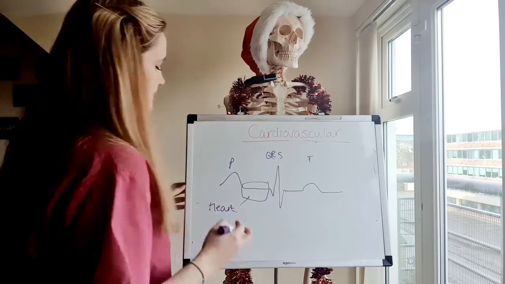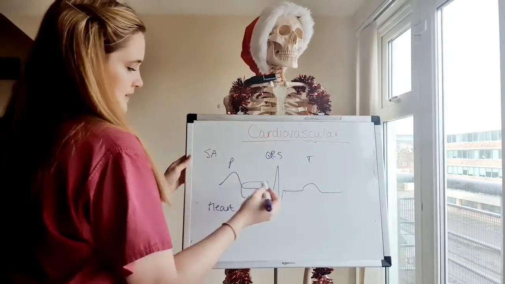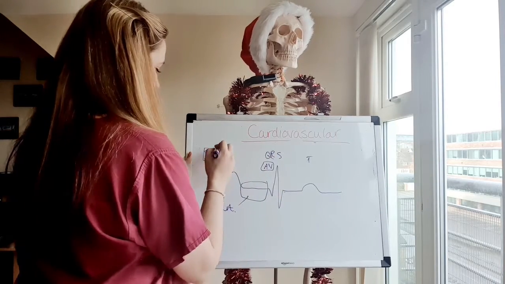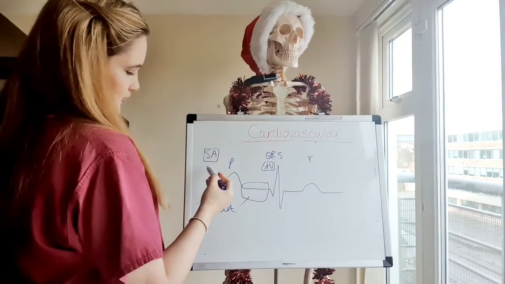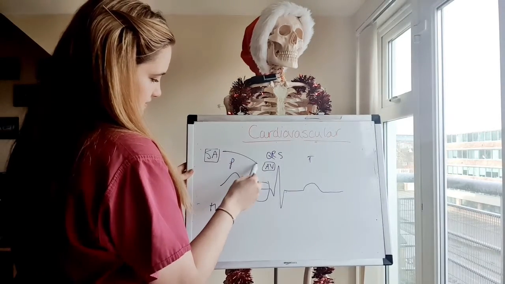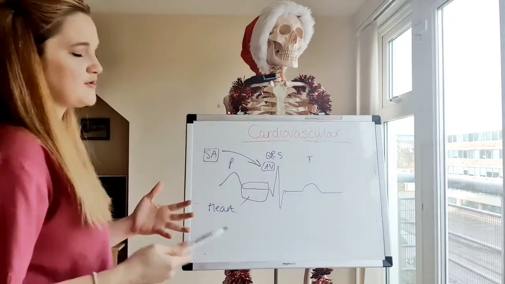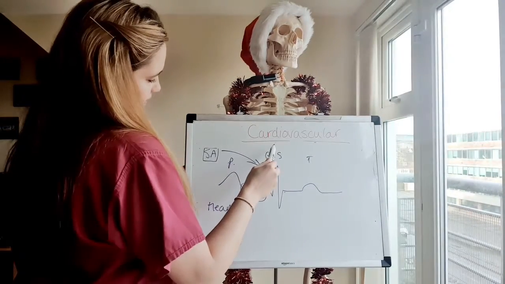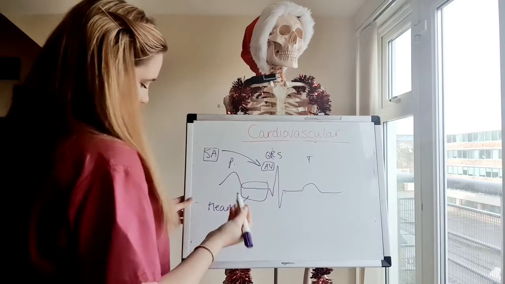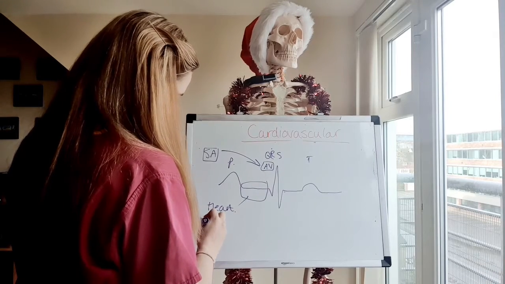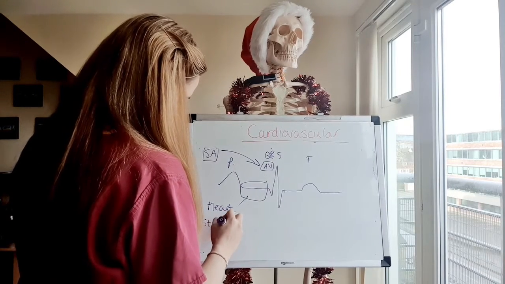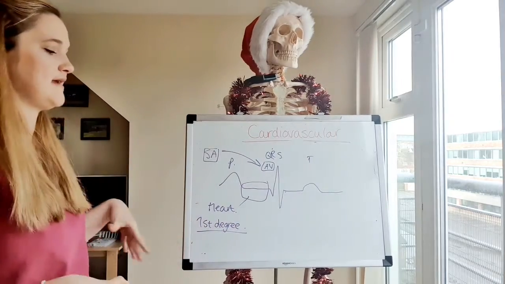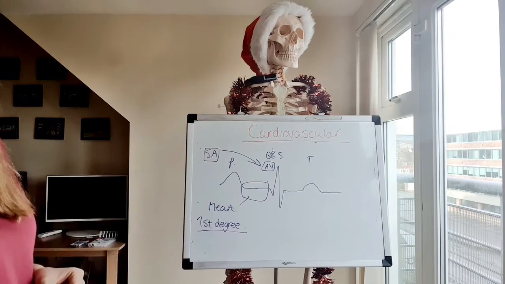Because if we think about it, this is the SA node, and this is kind of the start of the AV node, and the contractions here. So why is it taking so long to give that signal to the AV node? There must be some sort of blockage somewhere. And if it's the difference between P and R, we've got a first degree, so that signifies a first degree heart block.